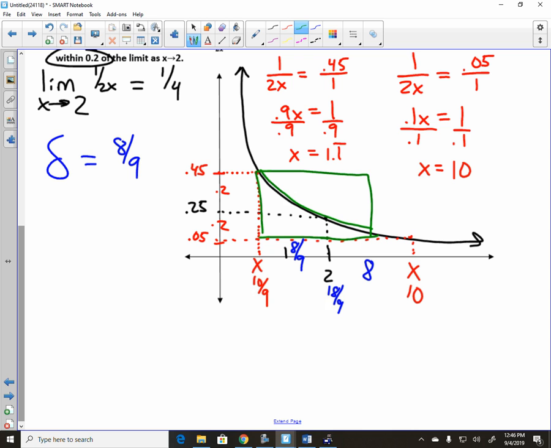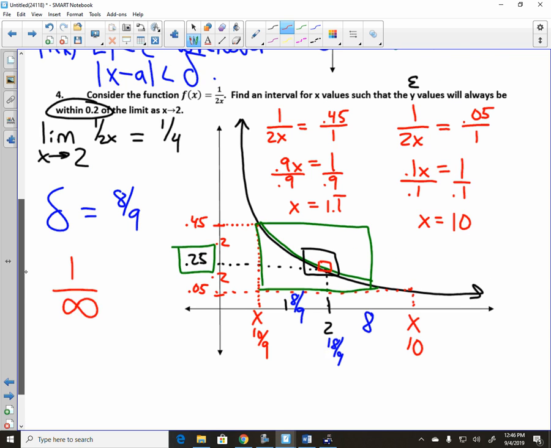If you weren't convinced, you could zoom in even smaller and say it's not going to bounce outside that window. We can eventually, not today, carry our window to 1 over infinity in terms of width, which is mind-blowing.